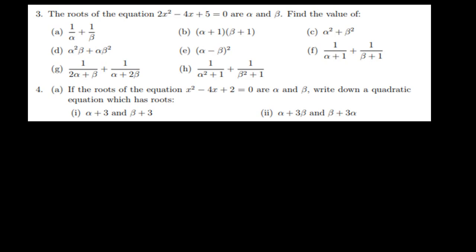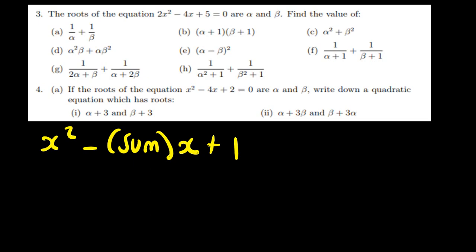The formulas that you should know here: the general equation is x squared minus the sum of the roots, x, plus the product of the roots, equals 0. You have to know this equation. Last time we showed how we come up with this equation. Everything is there on the drive, you don't have to worry.